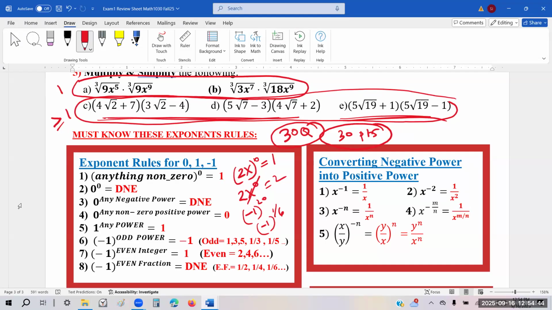And then negative 1, if you have even many times, what do you have? This is a rule. Negative 1, if you have even many integers, it becomes positive 1. And if you have even fraction, what do you get? It doesn't exist. So see, I'm not testing you with the exact same thing. I'm going to give you an example for that exponent rule, and you have to tell me what's the answer based on the exponent rule.